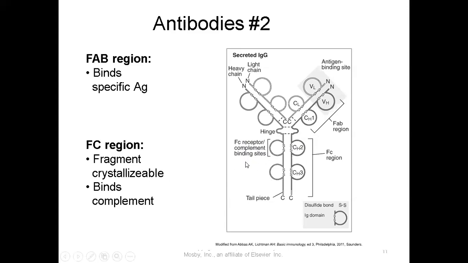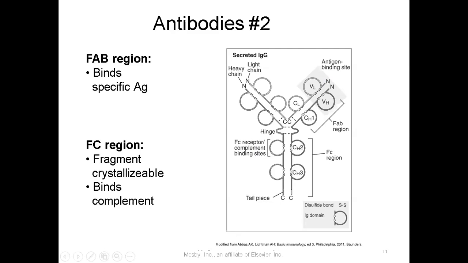It's all a bunch of C's. So what you need to remember here is that it's not the same as FAB. Basically, FC binds complement, which is a series of proteins that we'll get into in more detail towards the end of this unit.